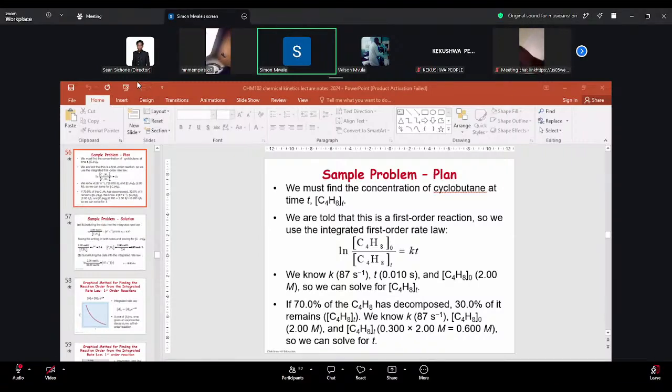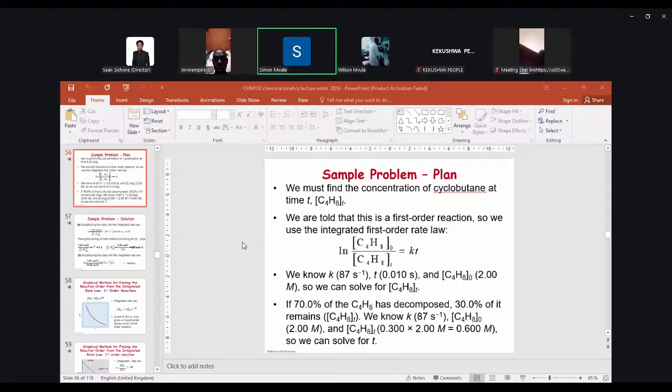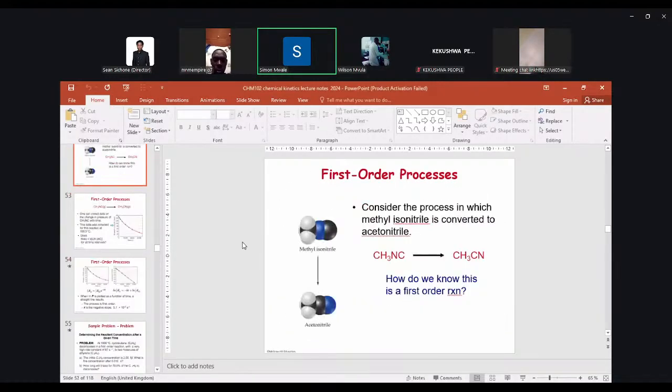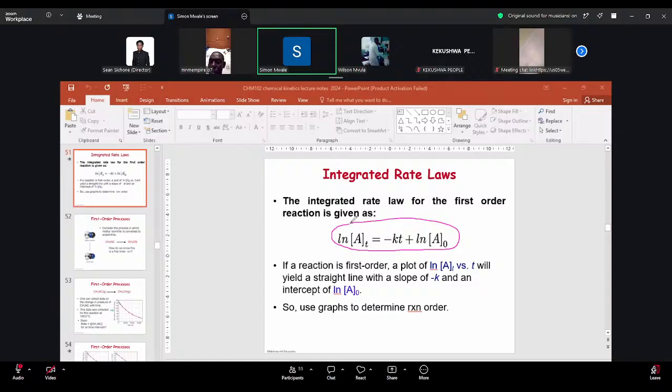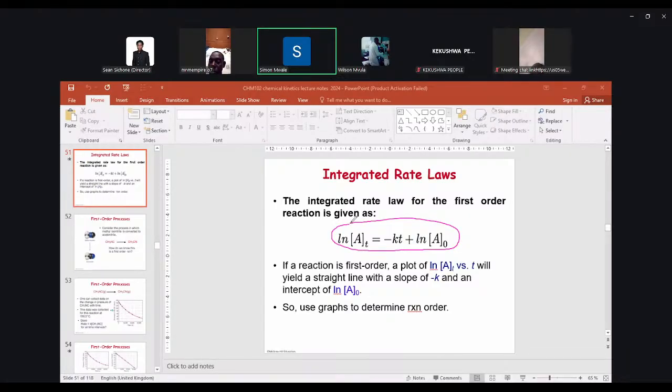So the last time we met, I gave you one example. We were looking at the integrated rate law, at this equation here. So this is an equation for the integrated rate law. And then we looked at an application of it.